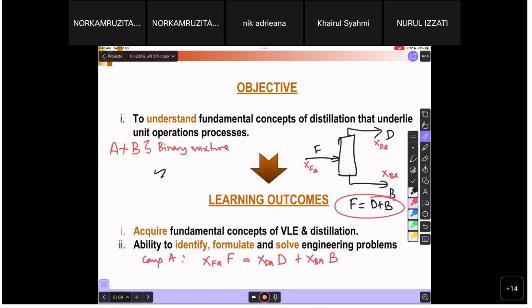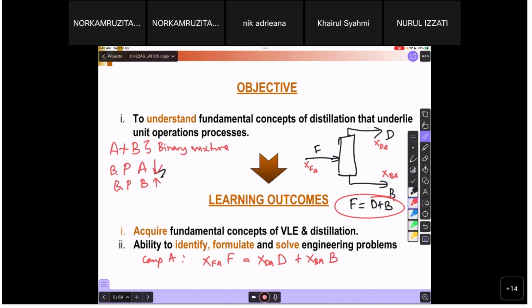The boiling point of A should be lower compared to the boiling point of B, so the boiling point of B should be higher.